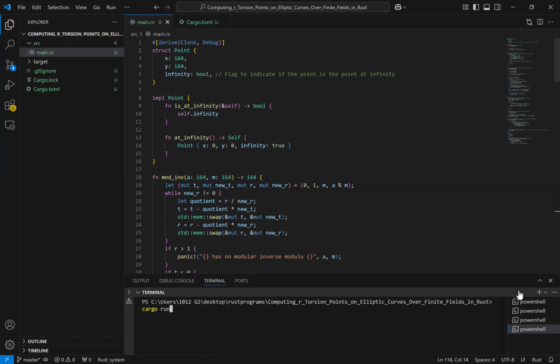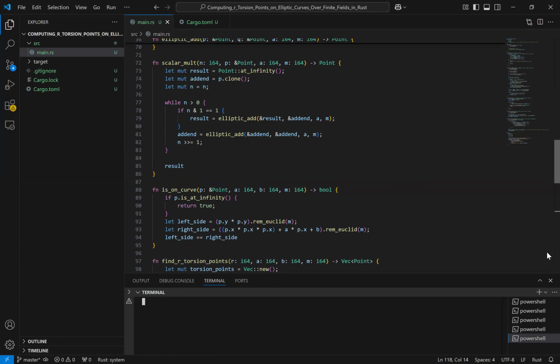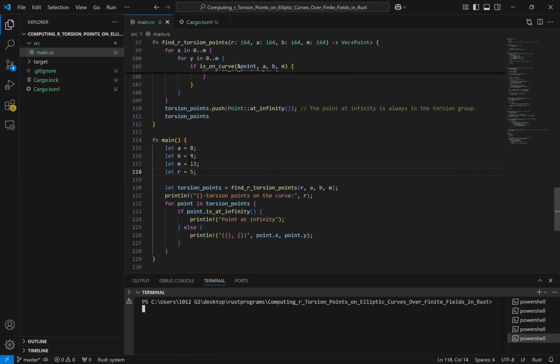Let me run it. Before I run it, let me see whether I've entered the right values. Okay, so my A for the curve was 1, and my B was 1, and my mod was 5, and my R is 3.